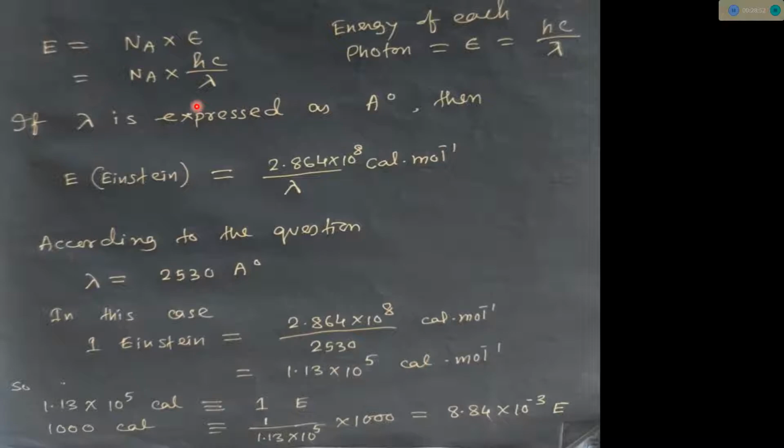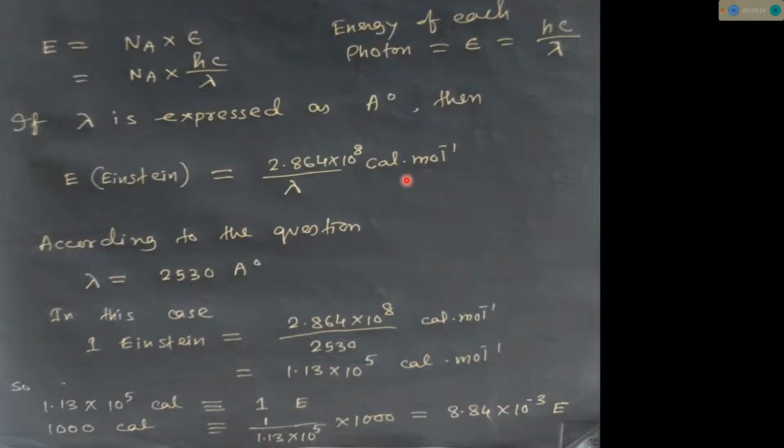The energy of Avogadro number of photons is equal to Einstein. Now if lambda is expressed in angstrom unit, then we can calculate Einstein equal to 2.864 into 10 to the power 8 upon lambda, in calorie per mole. This is in calorie unit, with lambda in angstrom.